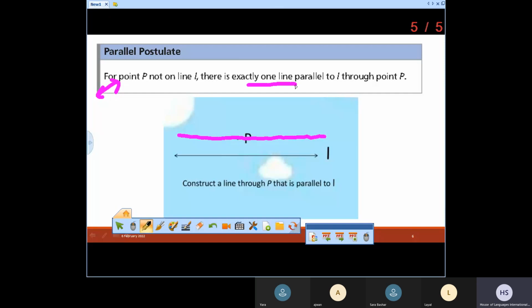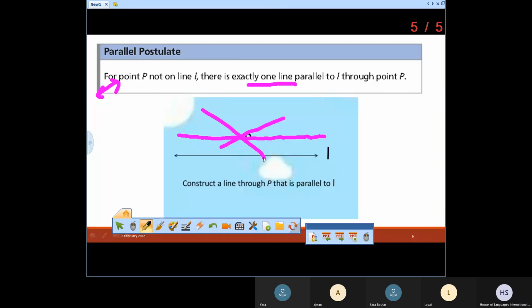Only one line can pass through P that is parallel to L. Remember this postulate. We can draw another line, but they are not parallel to it. We can draw a lot of lines, but I want the parallel one. We have only one line that is parallel to line L. Is it clear?